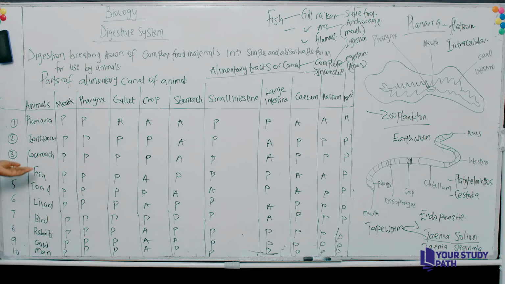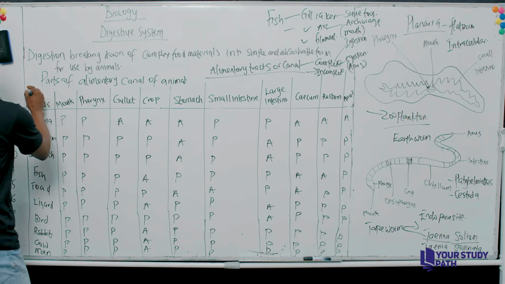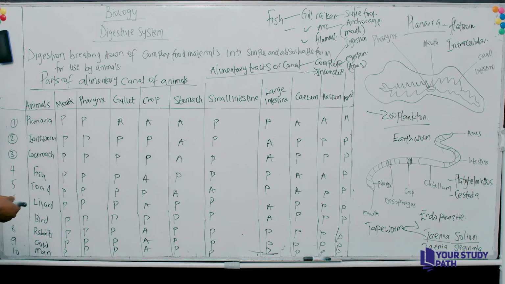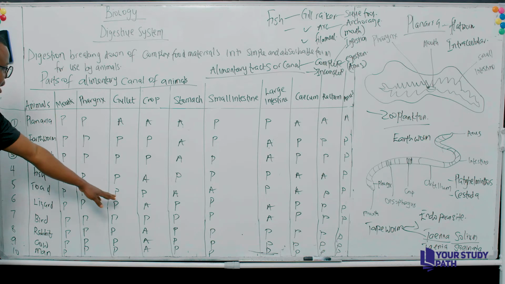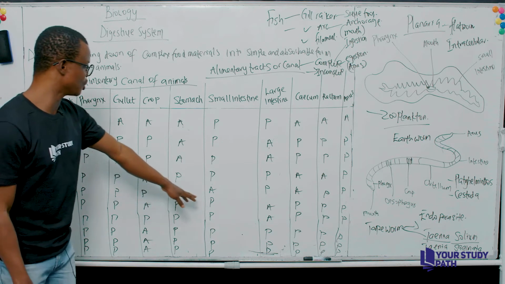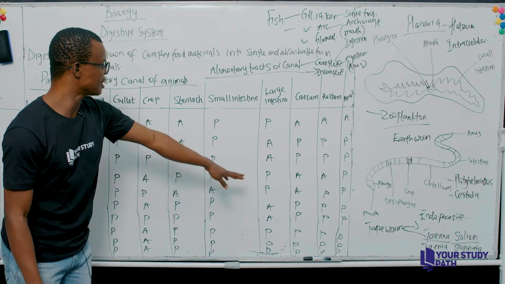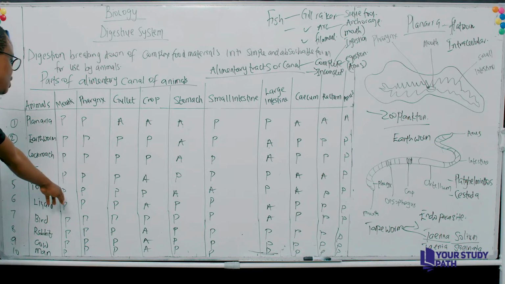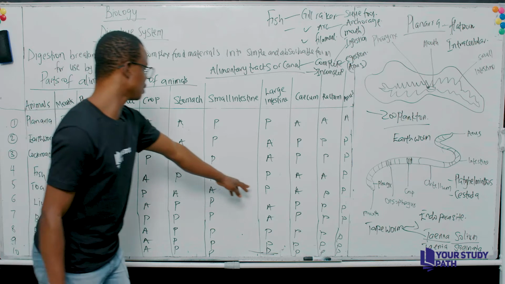Then we have toads. What are the parts of the alimentary canal of these animals? The toad has what is called a mouth. It has a pharynx, it has a gullet, it has a crop. It doesn't have a stomach, it has a small intestine. Large intestine is absent. It does not have a cecum.